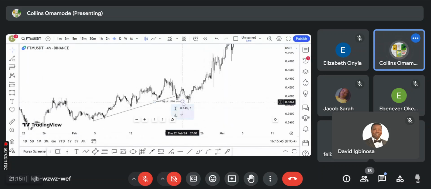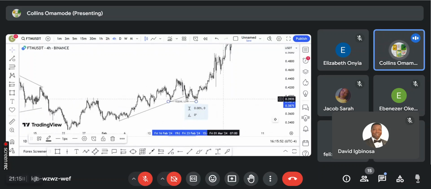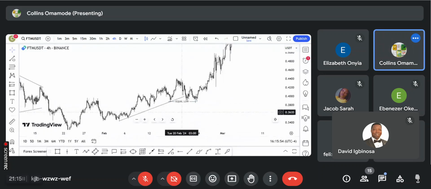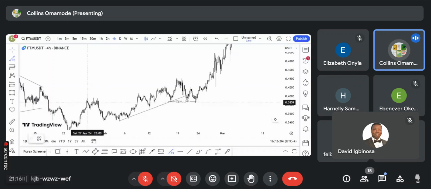Immediately price took the equal low out, look at the way price started buying, buying, buying. Even here, equal highs. Immediately price took out the equal highs here. Price started selling up to this side.